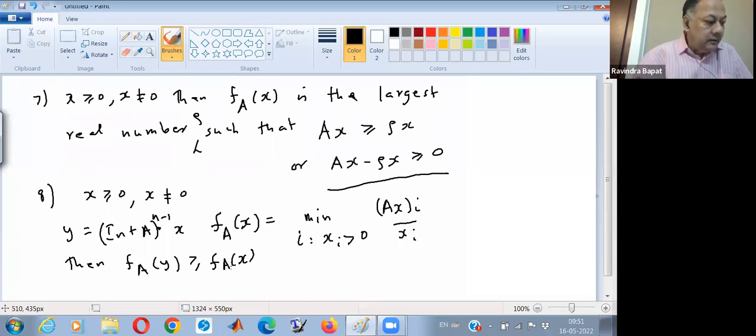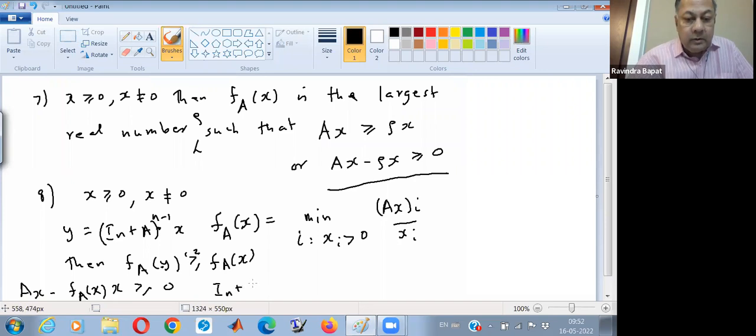Okay, I think I'll prove this. Just one line is enough. If you look at Ax minus f(x) times x, by definition of f(x), this vector is non-negative. Now multiply both sides by (I plus A) raised to n minus 1.